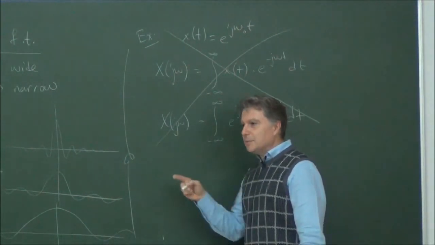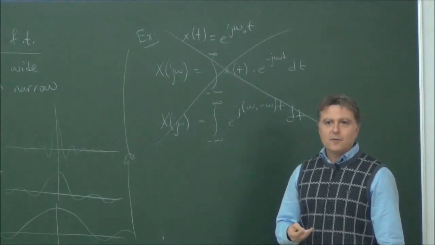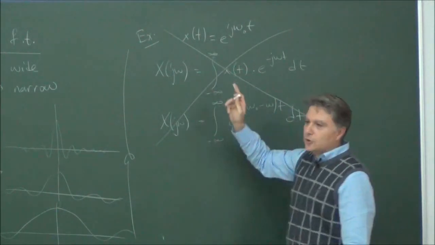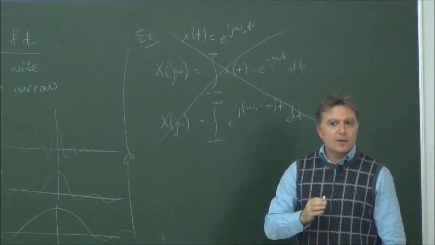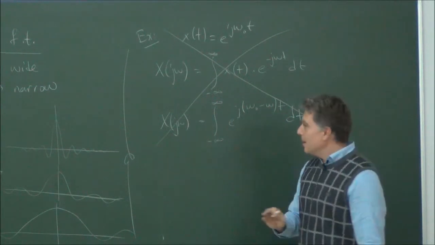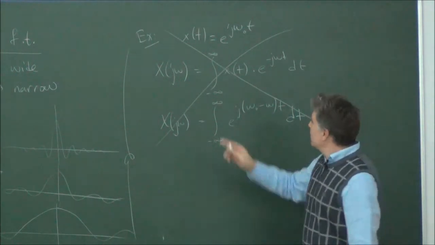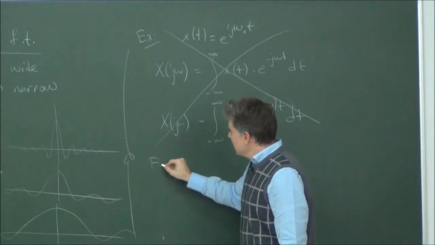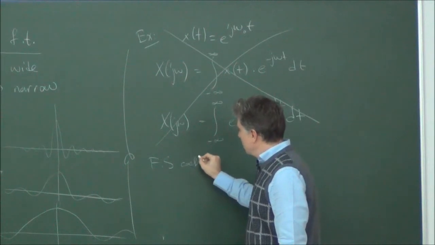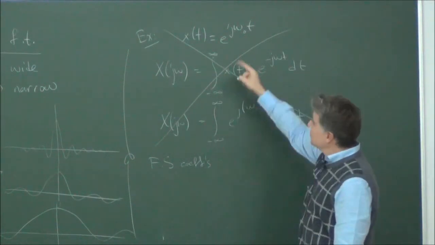You must immediately remember the previous chapter. For periodic continuous time signals, we have Fourier series. So we have to start from those Fourier series. What are the Fourier series coefficients of this one?